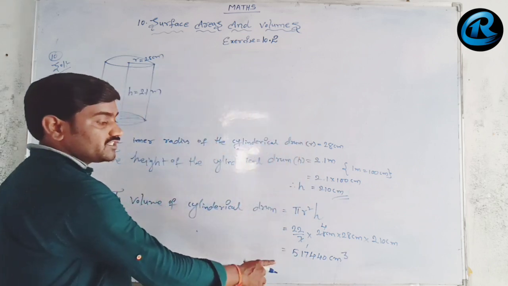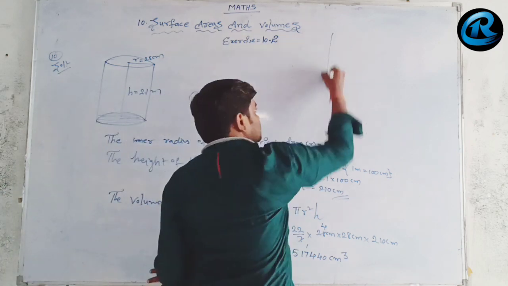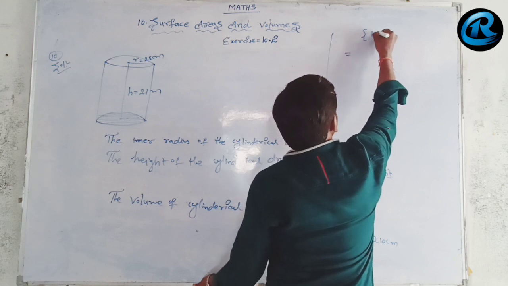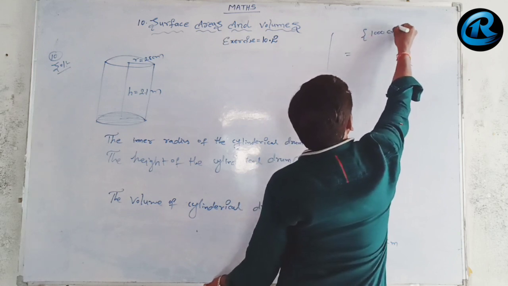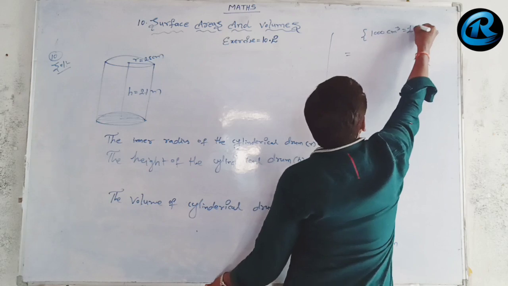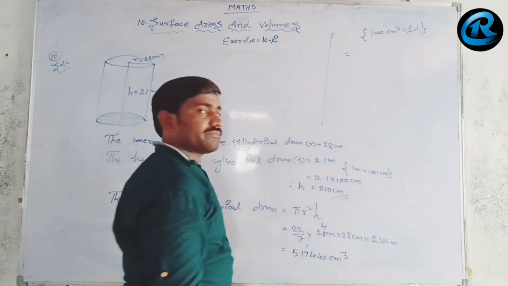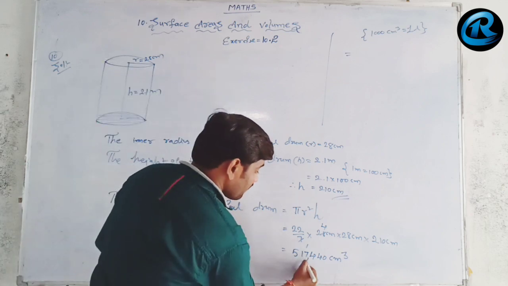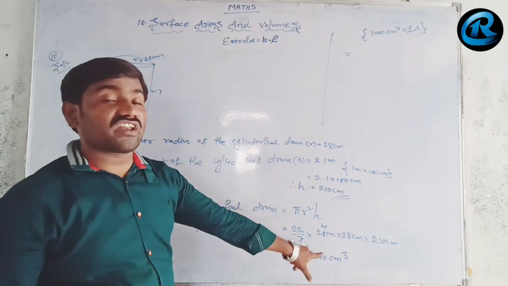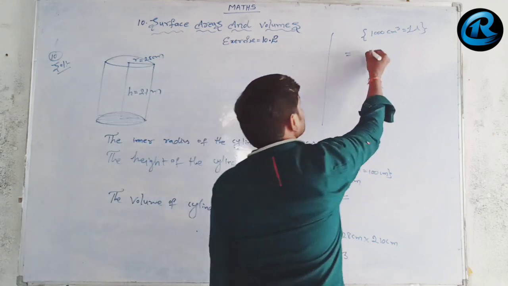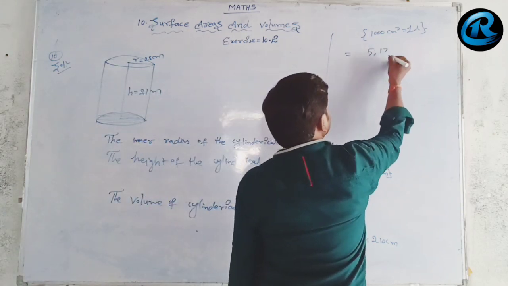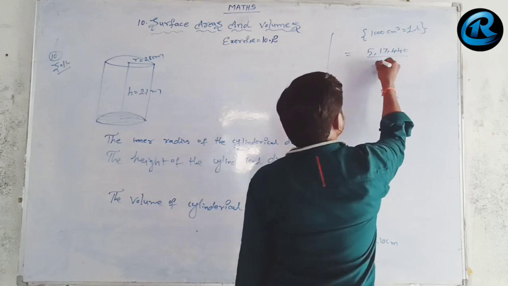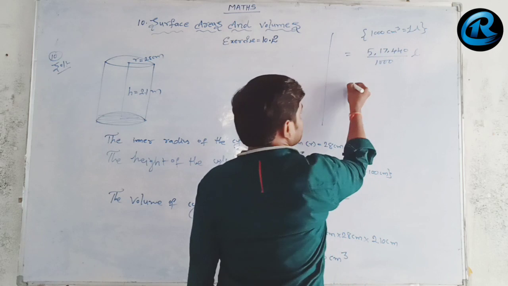So actually this we need to change into liters. As we know, 1000 centimeter cube equals 1 liter. How many centimeter cubes are there? Here 5 lakhs 17,440 centimeter cubes are there. So 5 lakhs 17,440 divided by 1000 gives it in liters.